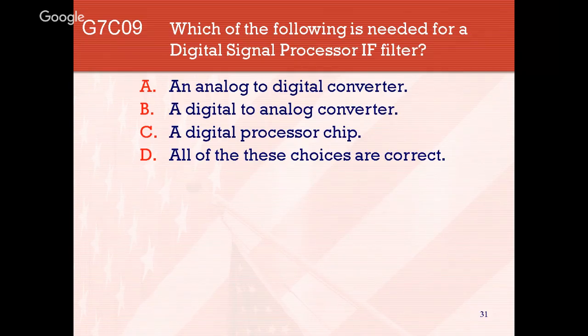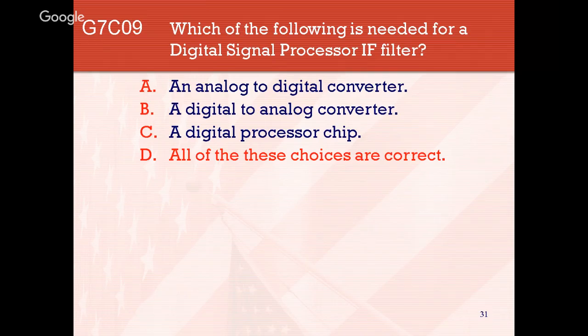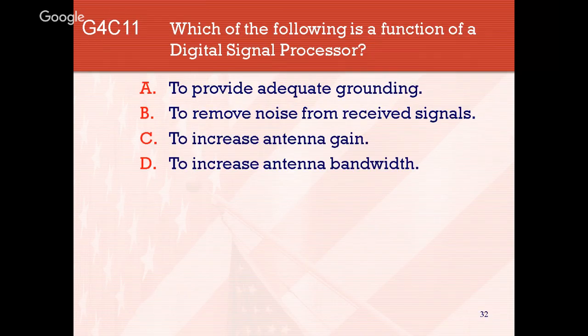You also have a digital to analog converter. You come in with the analog to digital, it gets processed, and then somewhere along the line, it has to take that digital and convert it back to analog so that you can hear it in the speaker. And you have to have a digital processor chip, obviously. So all these choices are correct.